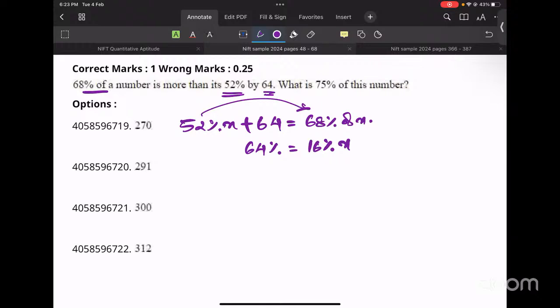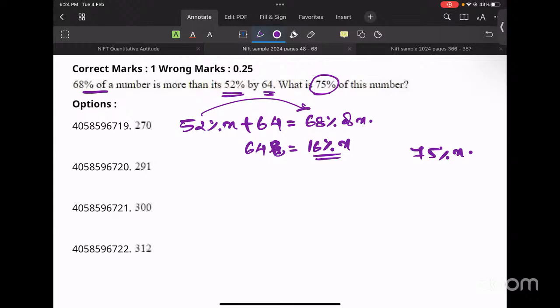So we got the 16%. The demand of the question is 75% of x.